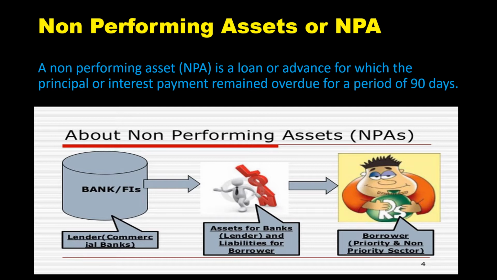That means the loan, the principal or interest, any amount, is not recovered even after 90 days or more than that. So a non-performing asset is a loan or advance for which the principal or interest payment remained overdue for a period of 90 days or more than that.